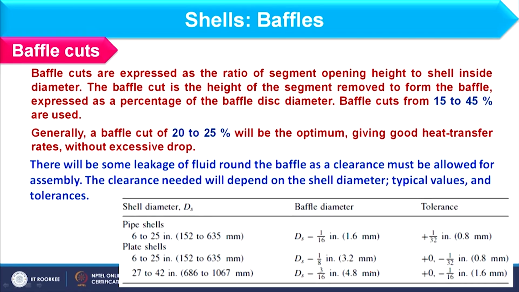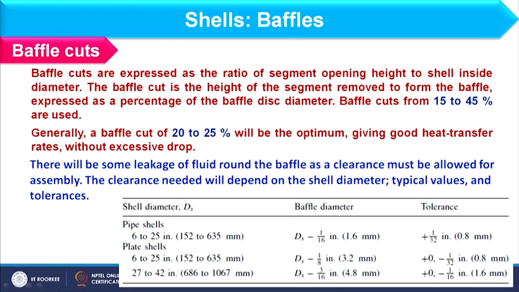As I have discussed, the baffle diameter is slightly lesser than the shell diameter, which means there must be some space between the shell diameter and the baffle. Okay. That gap basically works as a leakage where liquid is available, but it will not participate in heat transfer, right. So, because of that leakage, we have pressure drop on the shell side.